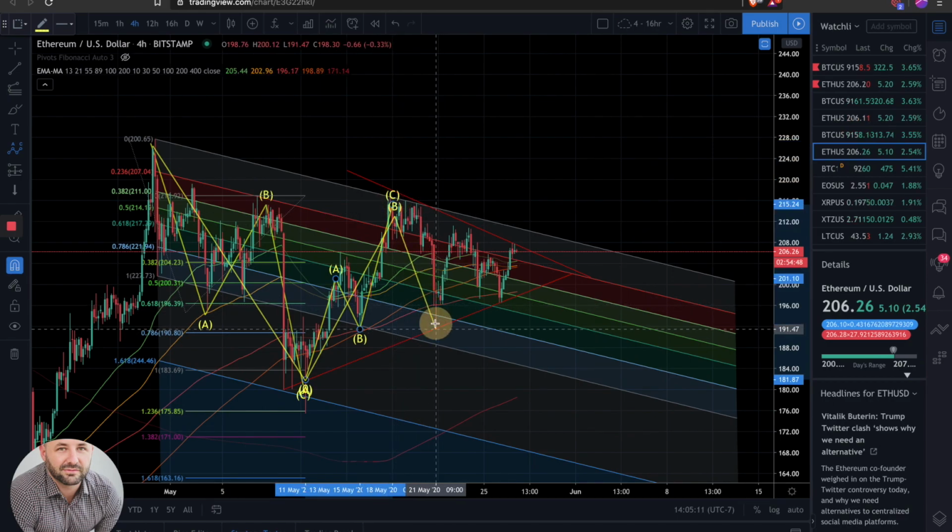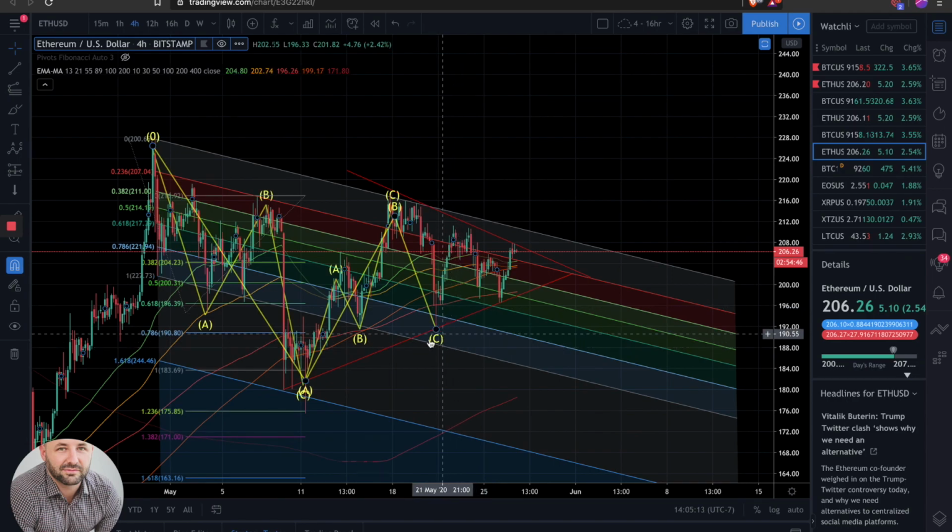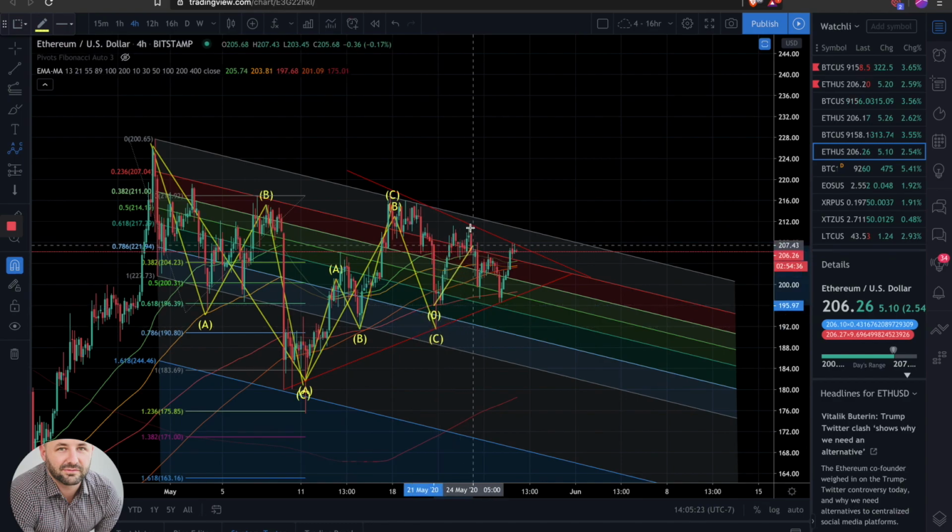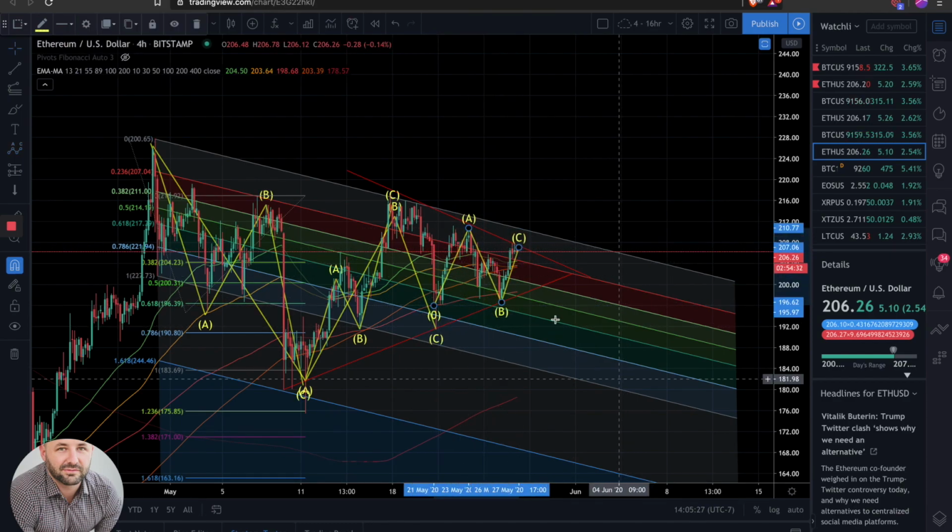Where we could potentially come down, do something like that. Again, I have another ABC flat correction here in the middle, and we end up doing something like that.